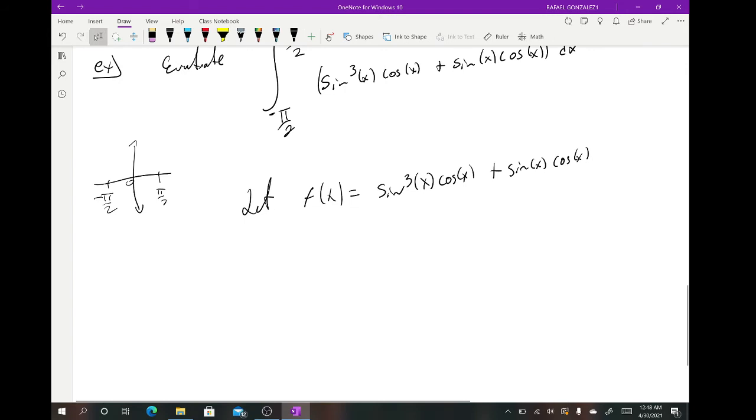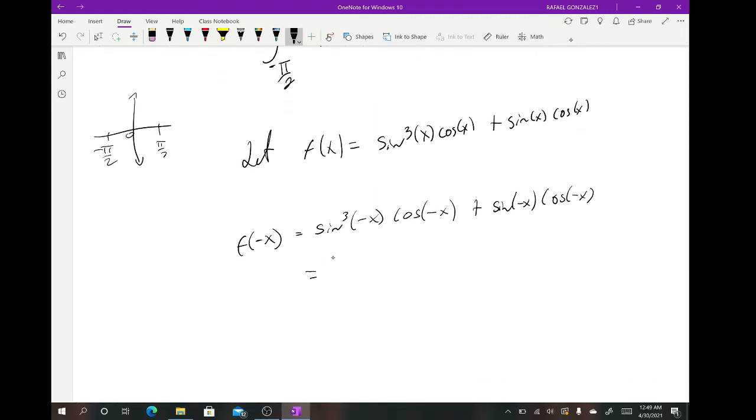If you plug in negative x, what do we get? We get sine cube of minus x times cosine of minus x plus sine of minus x times cosine of minus x.